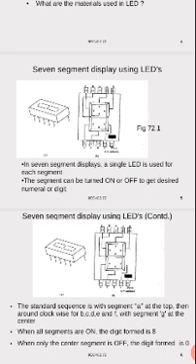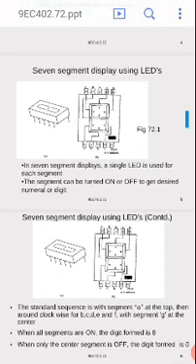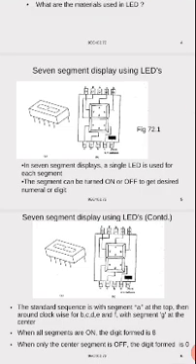When all segments are on, the digit formed is 8.